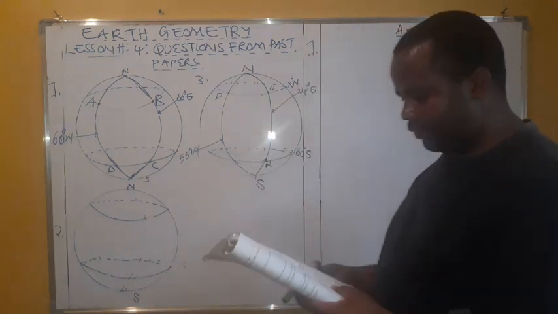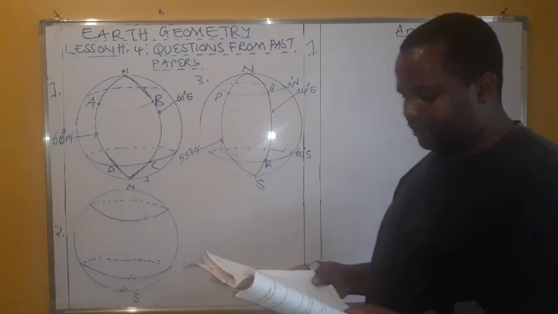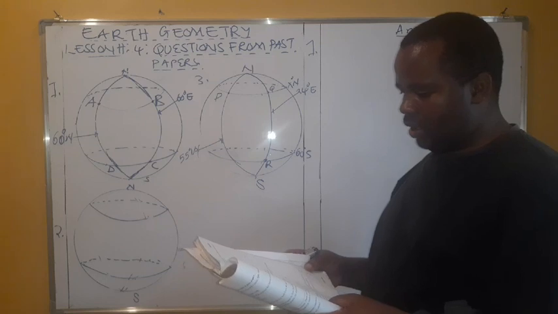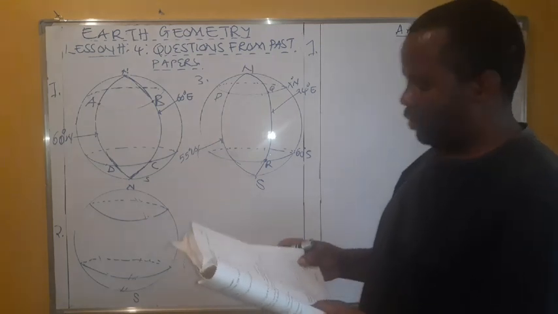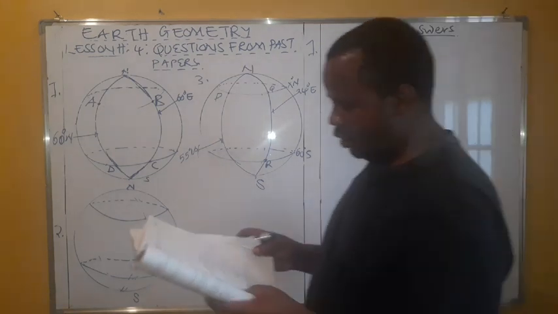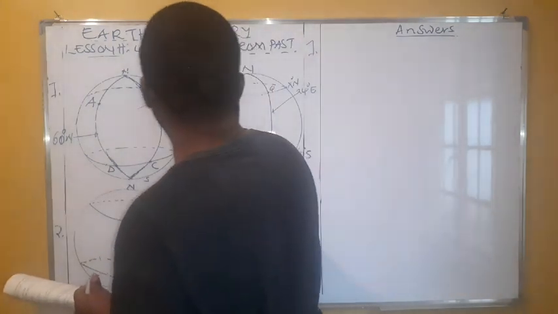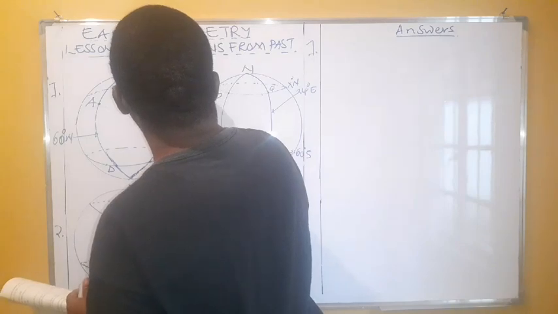We are saying in the diagram below, A and B are points on latitude 60 degrees north. Here there is 60 degrees north.